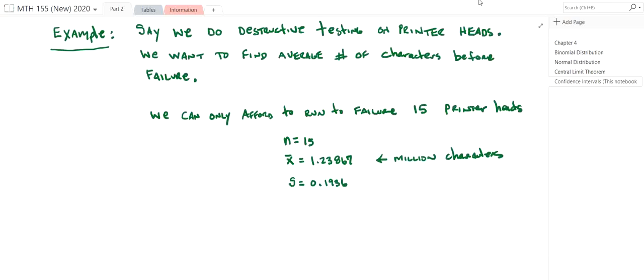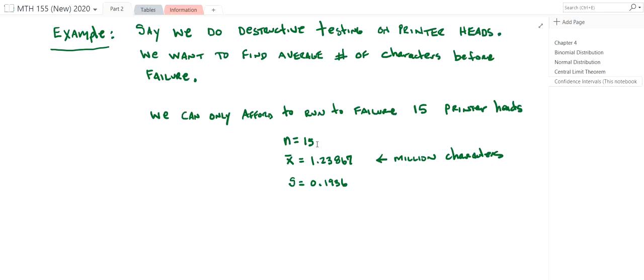So let me pause and write the problem question down here. Okay, here's our example. Say we do destructive testing on printer heads. We're a printer company and we're trying to figure some stuff out about our printers. We want to find the average number of characters before failure occurs on our printer heads. Now, we're a company and we're in business to make money, so we can only afford to run to failure 15 printer heads.